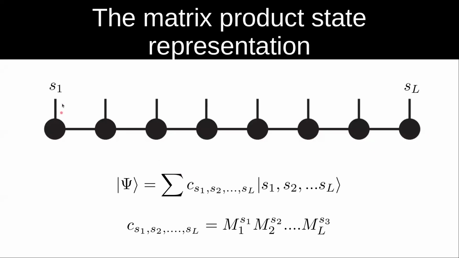And then we have a dangling bond, S1, S2, S3, that is essentially this dangling bond over here. And then we have different bonds that couple the different matrices that are essentially the internal indexes of the matrices that are summed over to compute the coefficient. So if you want to represent a single matrix product state, then you can just write this very specific diagram.